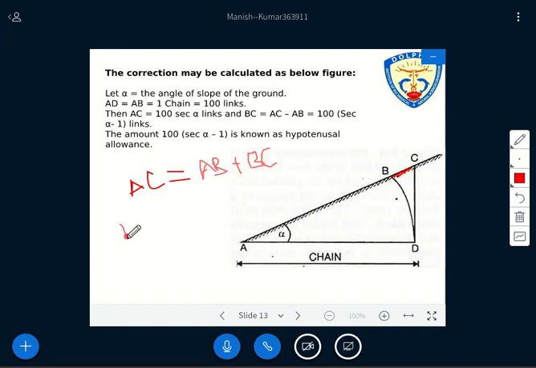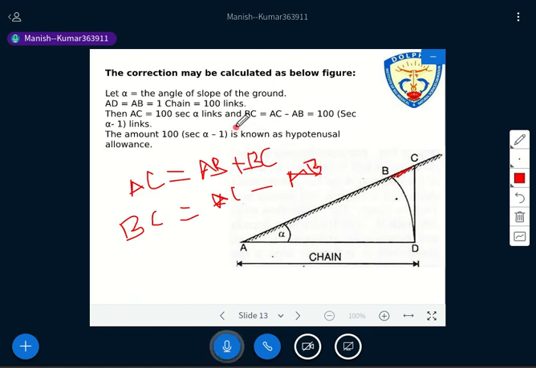So BC will be AC minus AB. Is it clear? Through this we are getting BC equal to AC minus AB. Second calculation, have you understood?